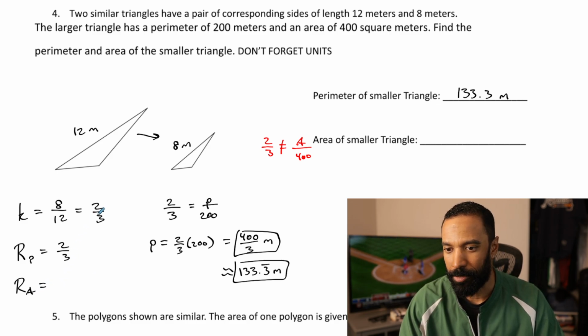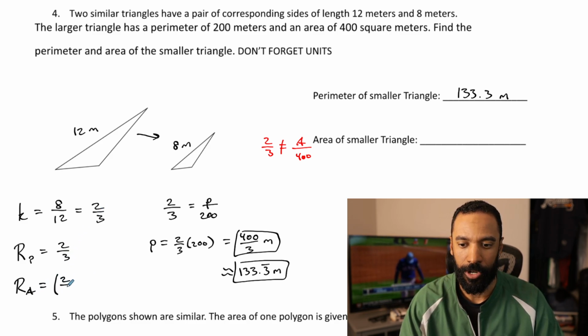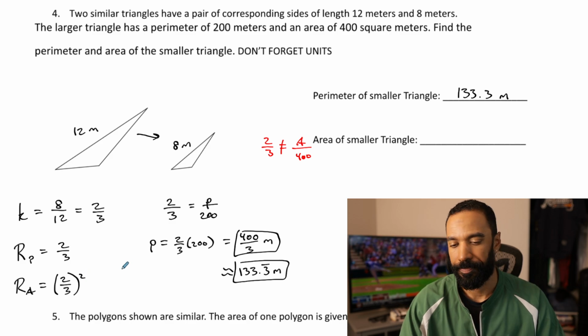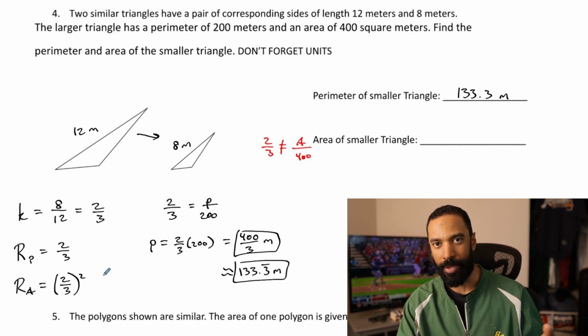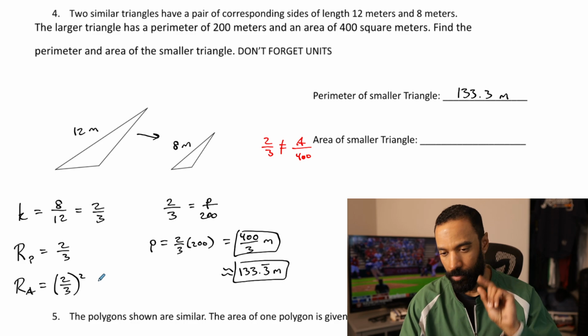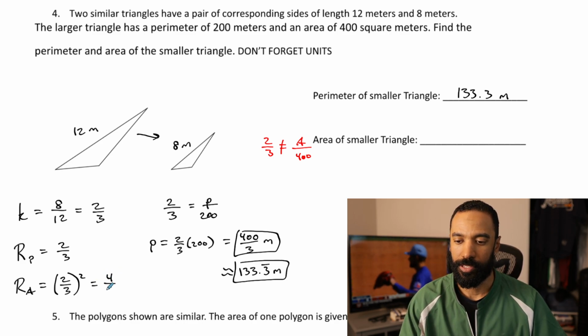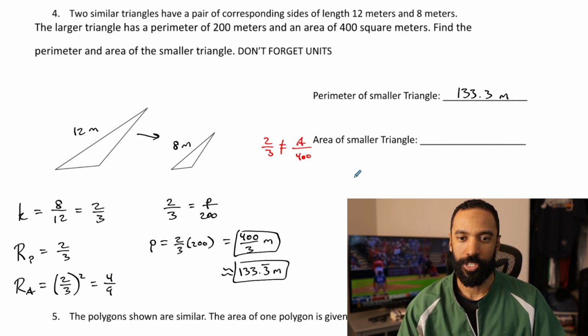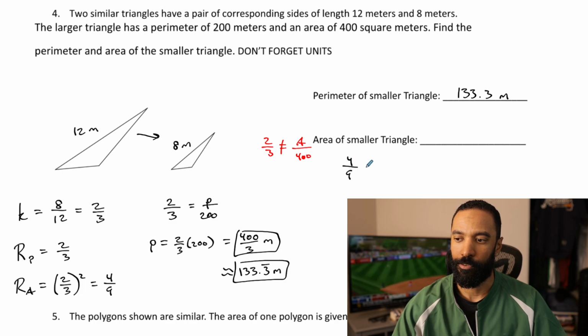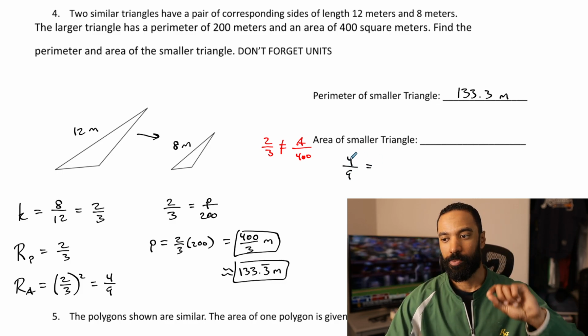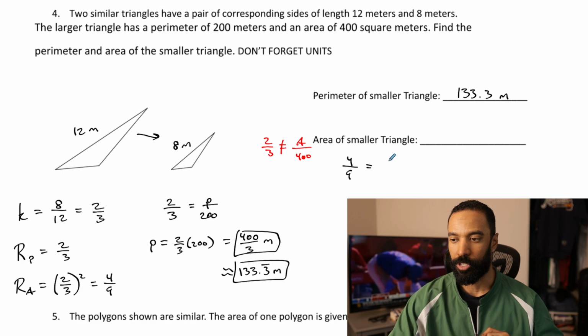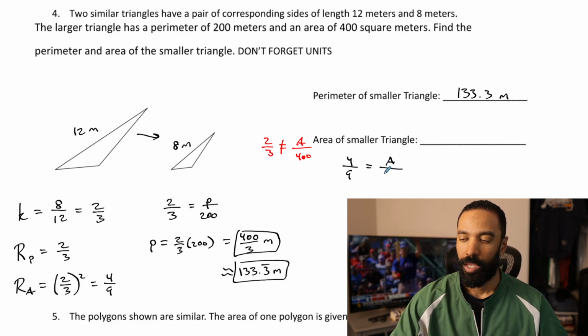You take the similarity ratio or perimeter ratio, and you square it, because you're taking 2/3 of 2 dimensions, x and y. It's 4/9. You don't use 2/3, you use 4/9. 4 is to 9. The area of the small triangle is 4/9 the size of the area of the big triangle.